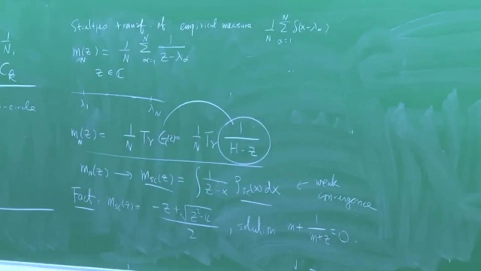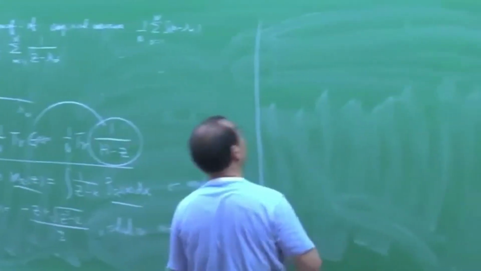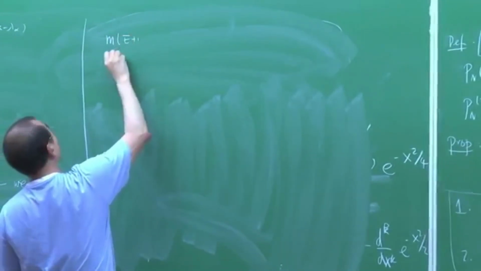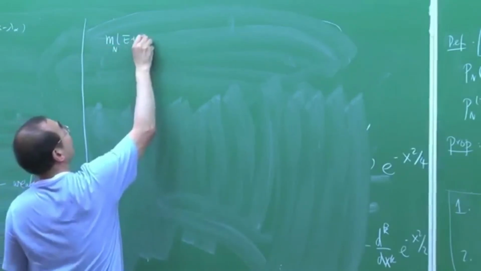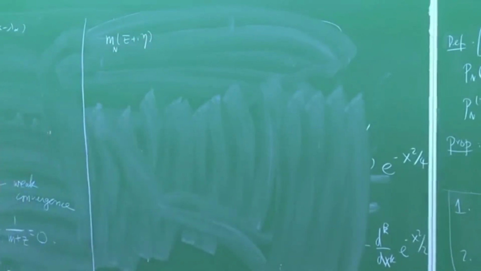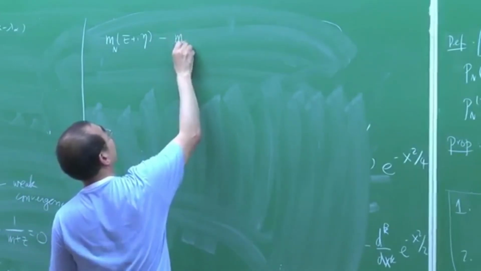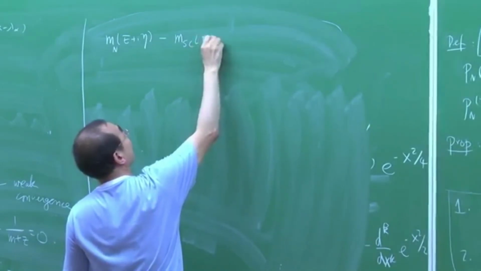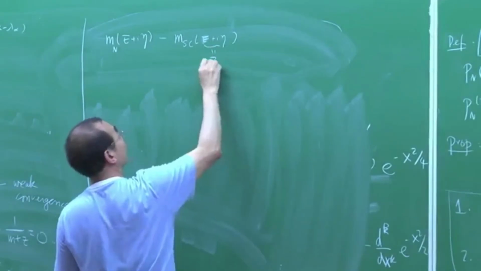So now the next thing we want to study, the main key question, is m_n(E plus i eta), where z is always E plus i eta.